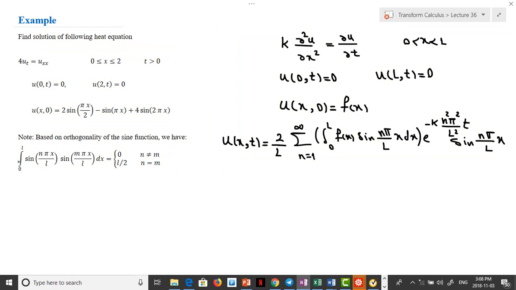So now we go back to our example in this lecture. We have 4 times the derivative of u with respect to t equal to the second derivative of u with respect to x.